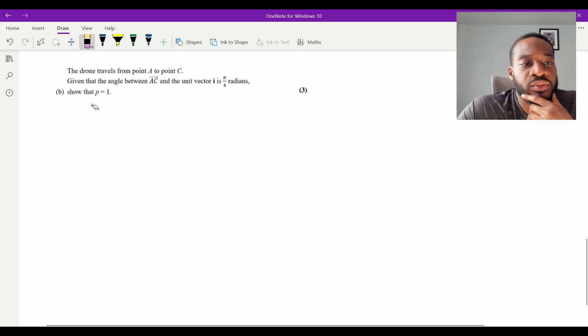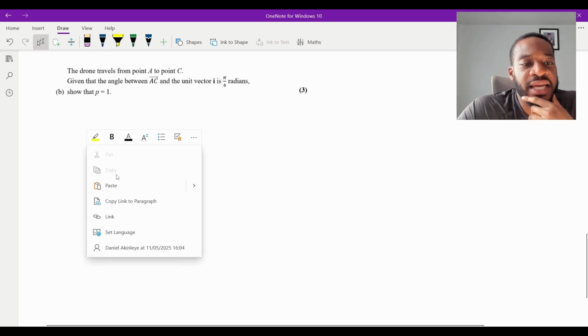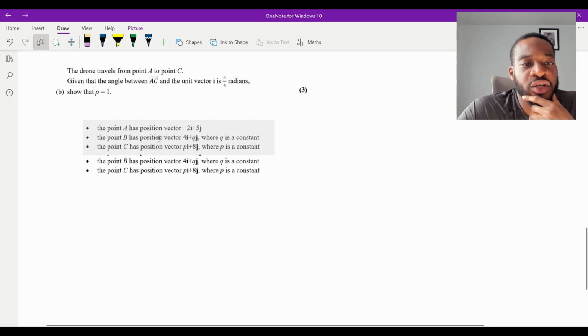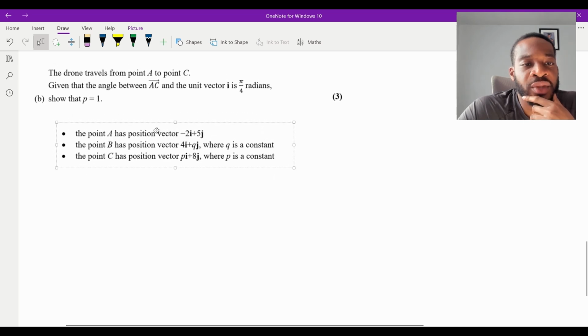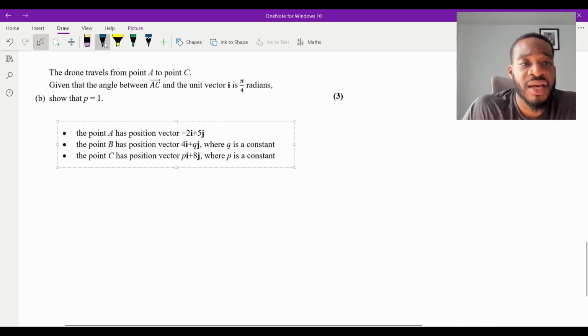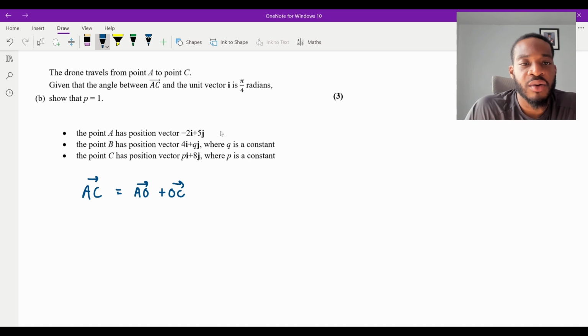Okay, so the angle between AC and the unit vector i is pi over 4 radians. So what I would do is visualize what's going on here. Let me calculate what the vector A to C is. Again, this is going to be equal to A to O plus the vector O to C. Now, if O to A is (-2, 5), then A to O, the other way, just put a negative on it, is (2, -5).